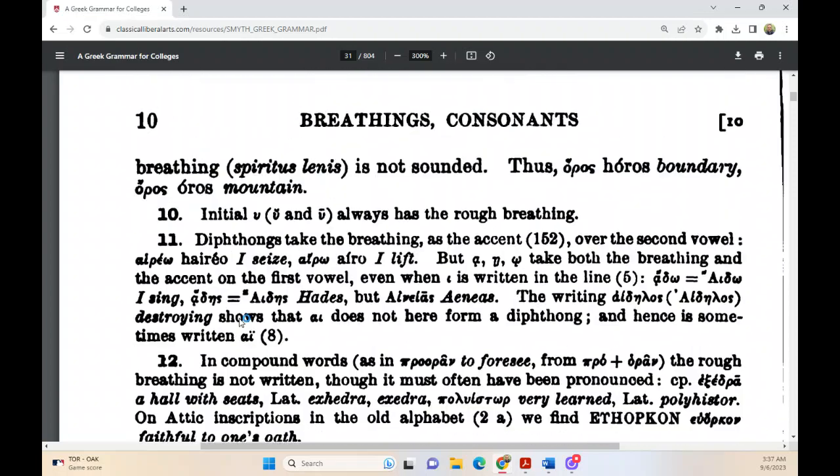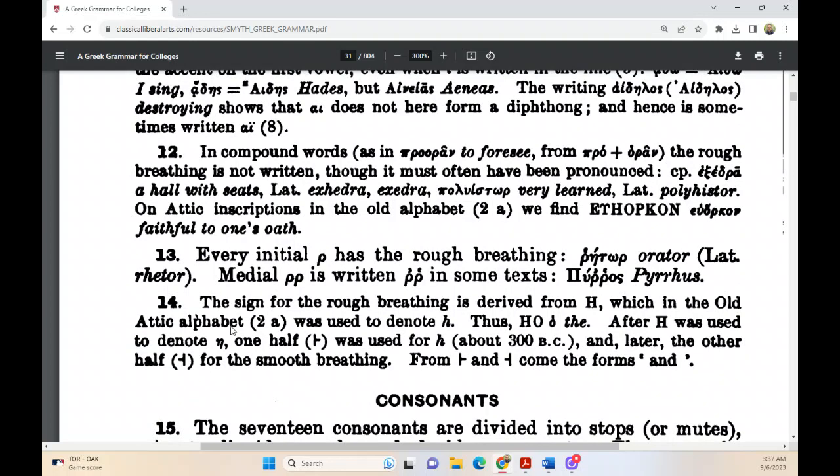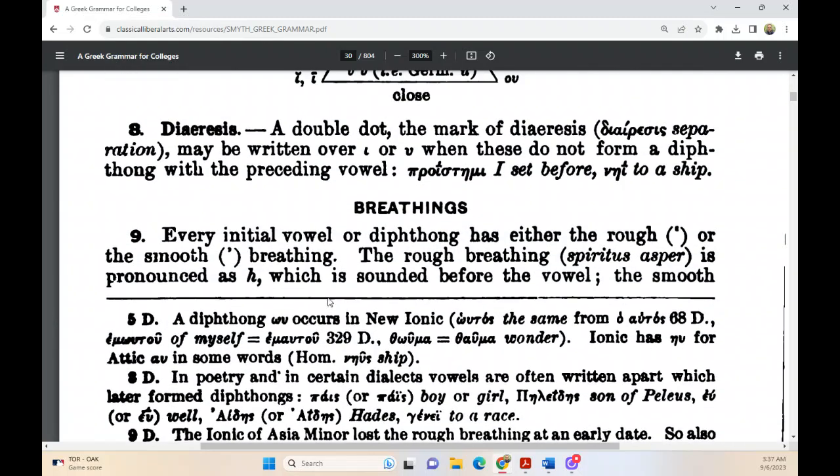Anyway, from Articles 9 through 14, we've looked at the Greek breathing marks and what they signify. It's really a very simple lesson. All you really need to pay attention to is the fact that rough breathing, which is the symbol that looks like a small letter C, is equivalent to adding an H to the beginning of the word before the vowel.